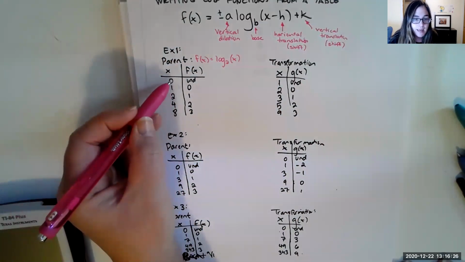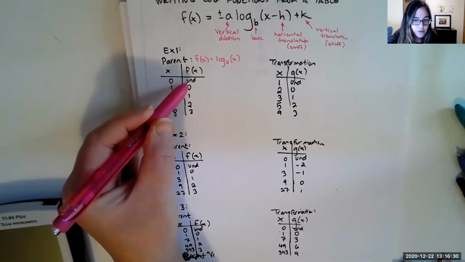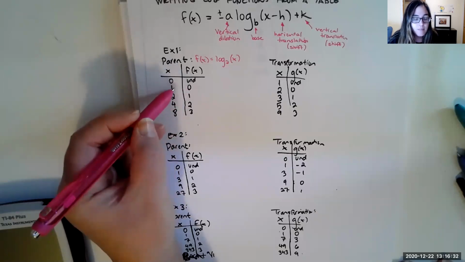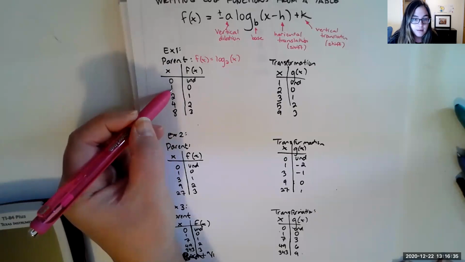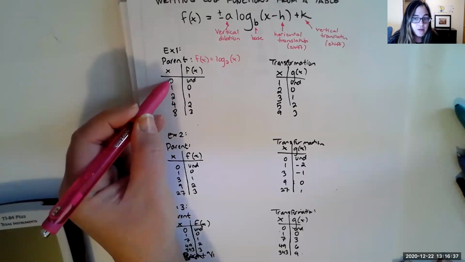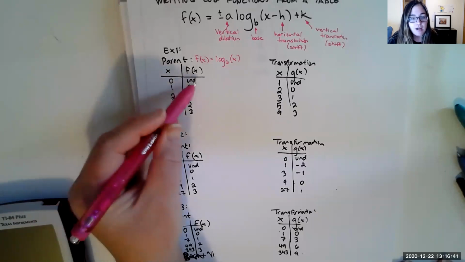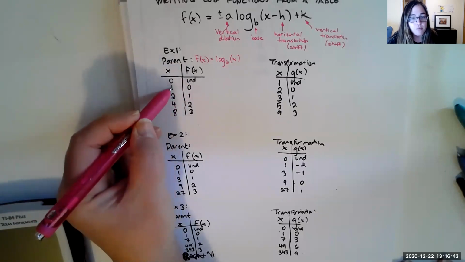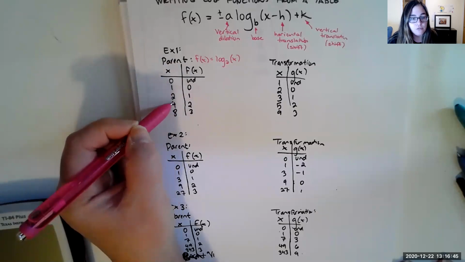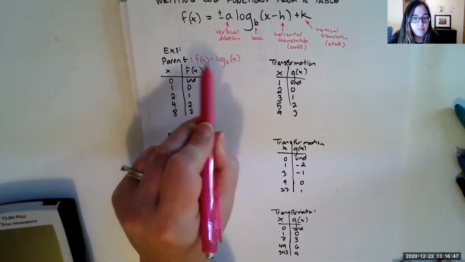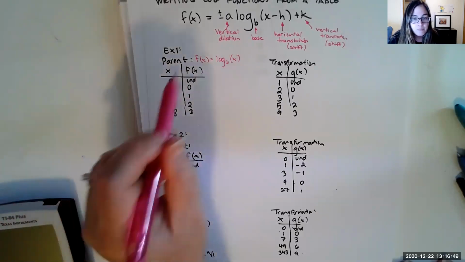My asymptote is 0, where the function starts becoming undefined. My x-intercept is 1. The vertical asymptote at 0 and the x-intercept of 1 is your classic log parent function. And after 1, we start doubling: 2, 4, 8. So log base 2 of x is our parent.